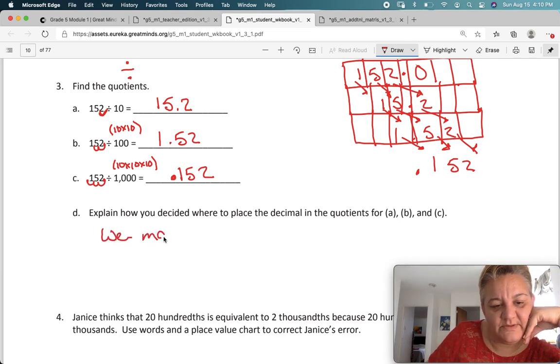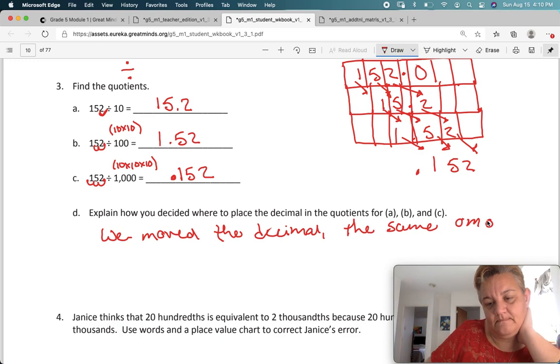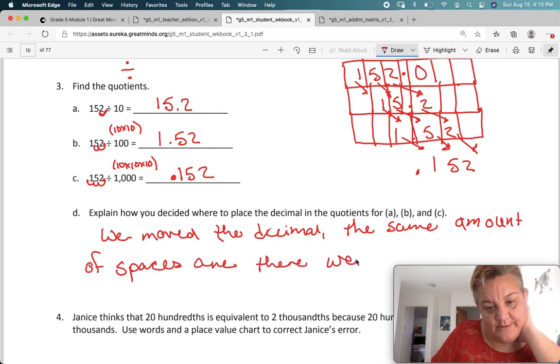We moved the decimal the same amount of spaces as there were zeros, right?